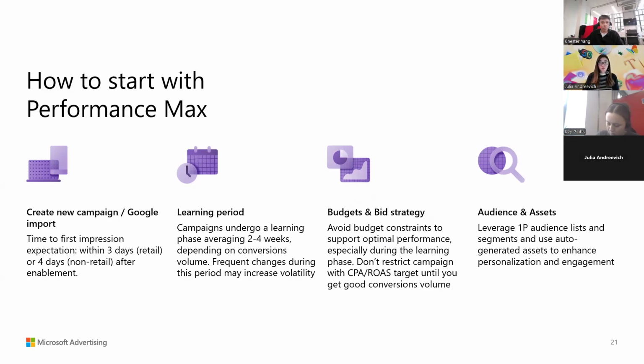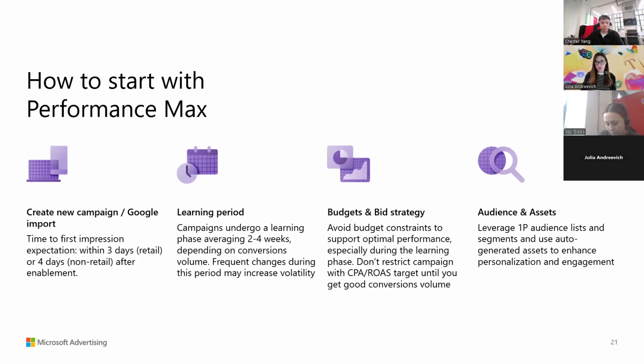So during the learning phase, we recommend not making too many changes and setting realistic goals to help your campaign perform effectively. Then moving to budgets and bid strategy, I already mentioned that I recommend avoiding constraints for optimal performance. So when you're in the learning phase, don't restrict the campaign with CPI and ROAS until you are seeing steady conversion volume.